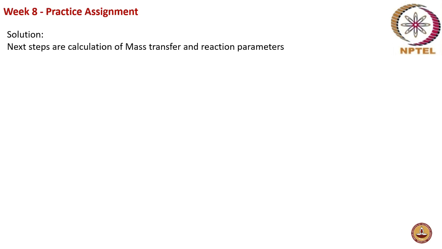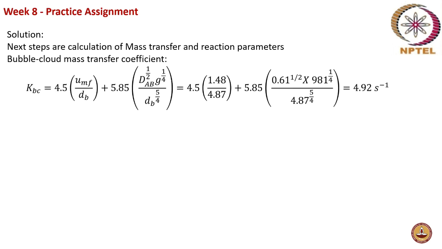Next, in order to find out the conversion, we have to find out all the parameters related to mass transfer and reaction, right? So, the first thing to be calculated is the bubble to cloud mass transfer coefficient. The bubble to cloud mass transfer coefficient is given by KBC is equal to 4.5 into UMF by dB plus 5.85 into DAB power half into g power 1 by 4 divided by dB power 5 by 4.